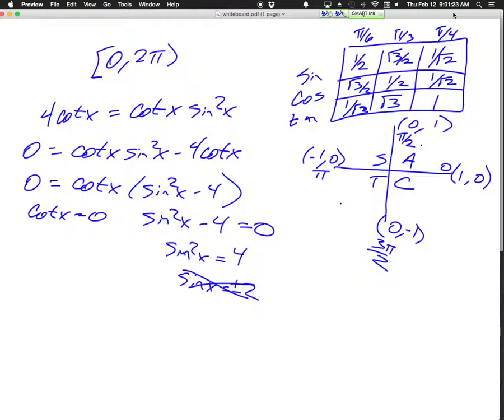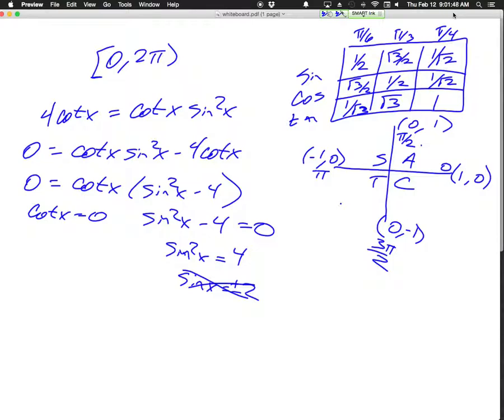Okay, on this other one, cotangent equals 0. It's not a special angles grid. It is a quadrantal. We just have to figure out which one it is. To do that, it's helpful to think about what cotangent represents.